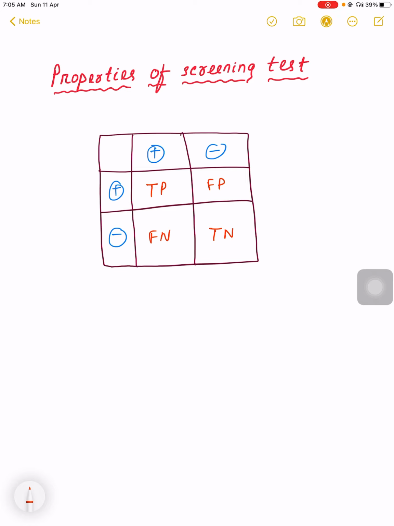These two are true positive and true negative, these two are false positive and false negative.